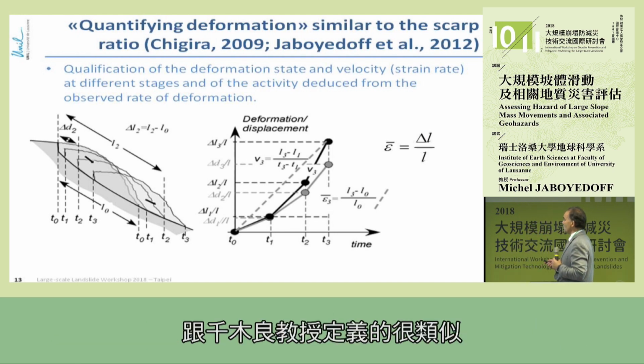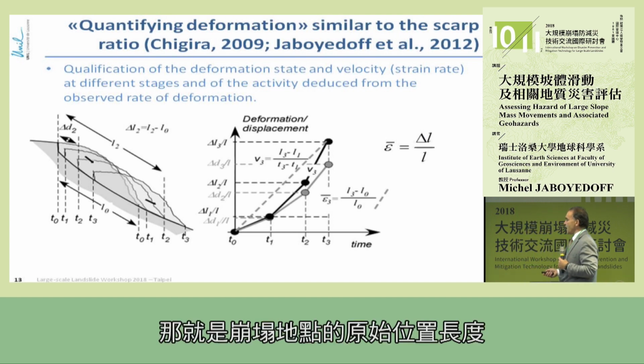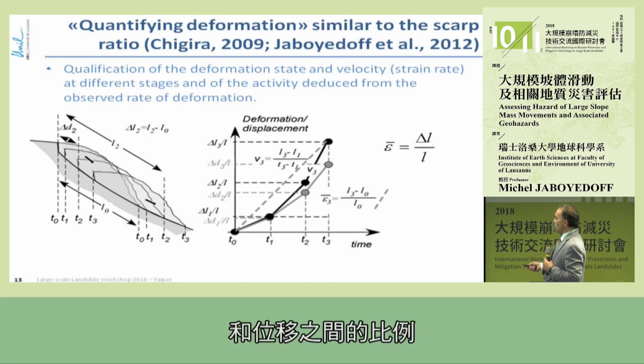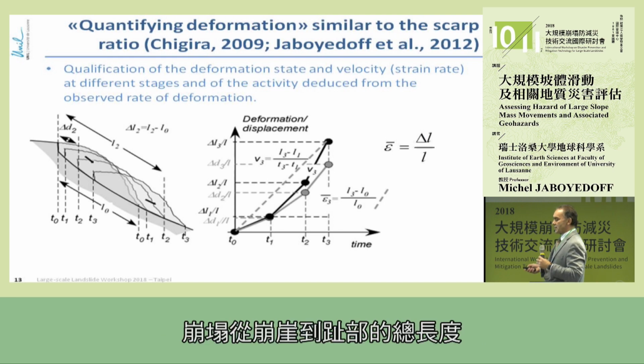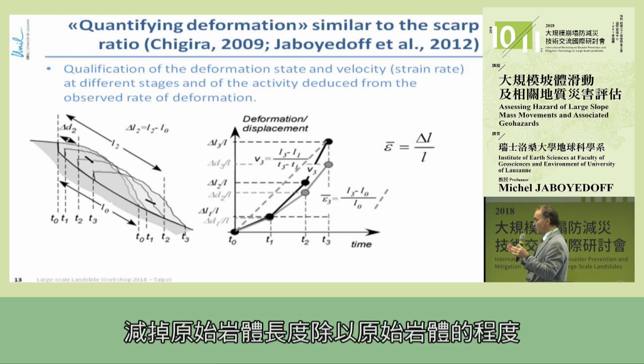It's very similar to what Professor Chigira defined. It's the ratio between the total displacement that you can measure here or here, and the difference between the full length of the landslide from the scar to the toe, minus the length of the original body, divided by the length of the original body.